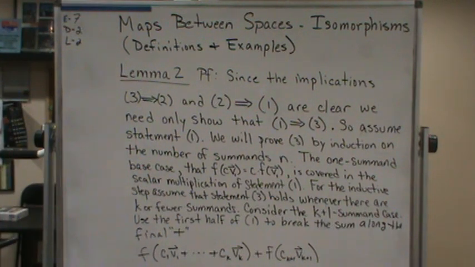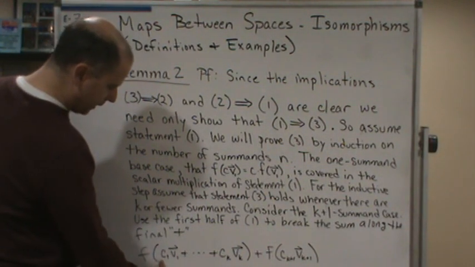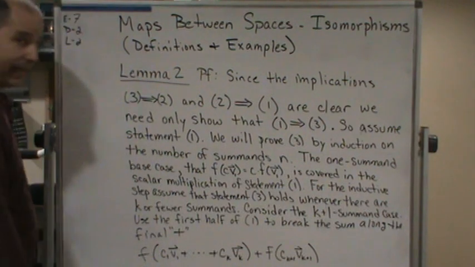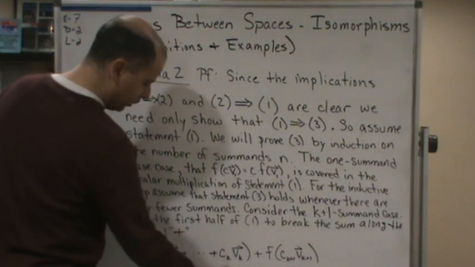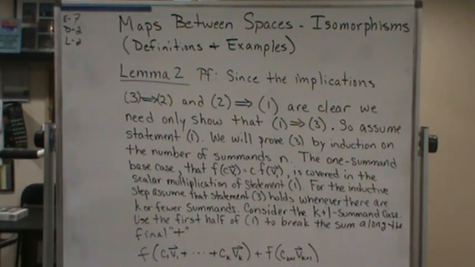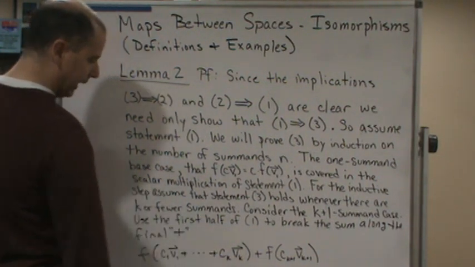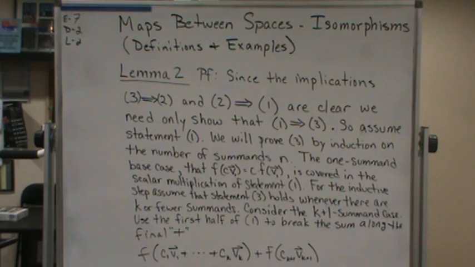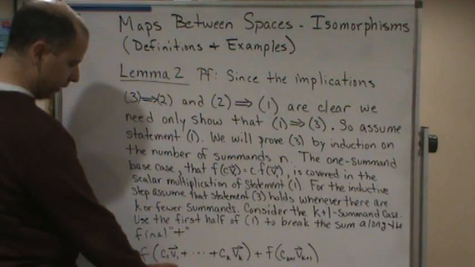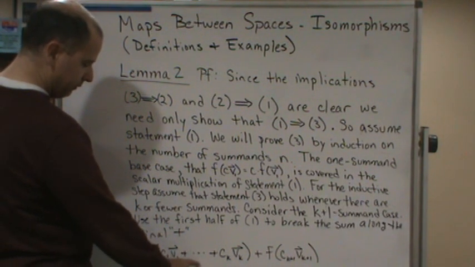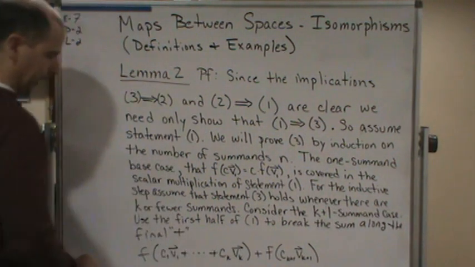But look what happens here. Now you have f applied to a linear combination of k summands. So by the inductive hypothesis, we can use statement 1 to break this up into a linear combination of functions applied to the vectors: C1 times f of V1 plus C2 times f of V2, all the way to Ck times f of Vk.